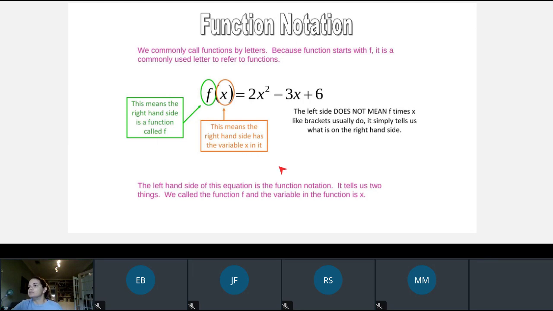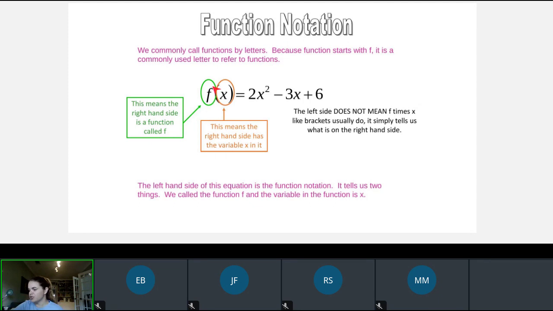We commonly call functions by letters. Function starts with an f, so we say f of. Sometimes it's g of, h of, but we normally will see f.